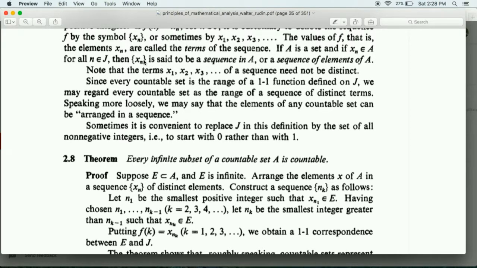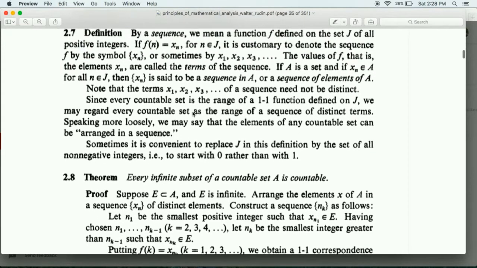And n belongs to J, as we know, and this {xn} is said to be a sequence in A if the codomain is A, or we also say a sequence of elements of A. This is a proper way of saying it, but we will not be so formal always.